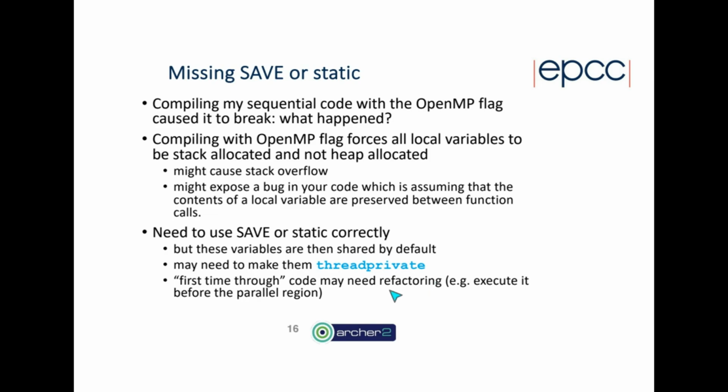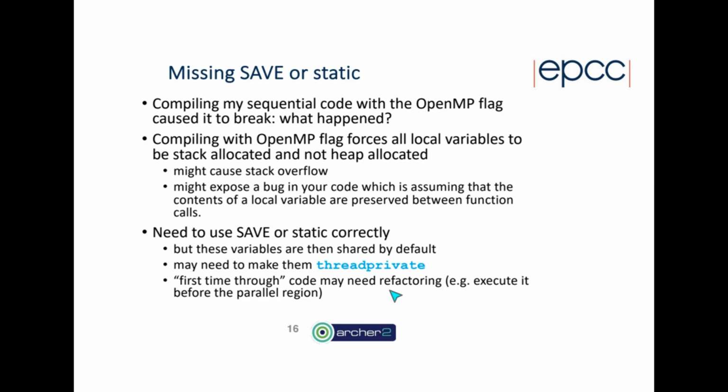One pattern, for example, that typically makes use of this is first-time-through code. You have a static flag which is initialized to 0, and you test that, and the first time that function is executed, you execute some block of code, and then you set the flag to 1 or whatever, and subsequent executions never re-execute that block of code.